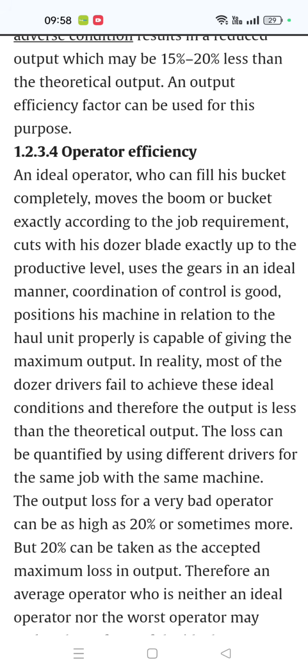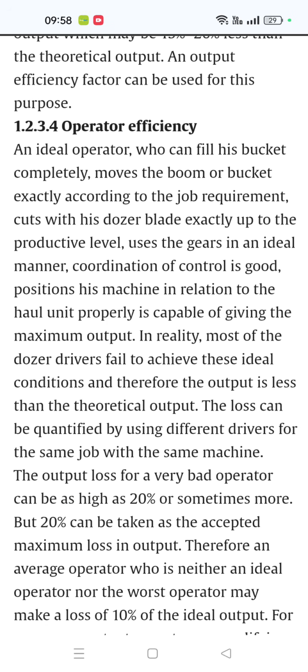Operator efficiency. An ideal operator can fill the bucket completely, move the boom or bucket exactly according to the job requirement, cut with the dozer blade exactly up to the productive level, and use the gear in an ideal manner.